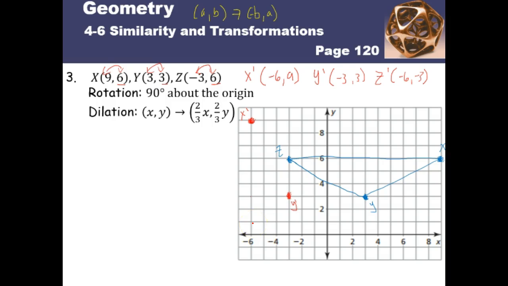Really? I hate this. Let me make sure I didn't make a mistake. That's the one that changes signs. So negative 6, negative 3. Yep. Alright, well, the book did not provide a big enough piece of paper, so we have to go one down. This is 1, 2, and this would be negative 3. So right there is z prime.